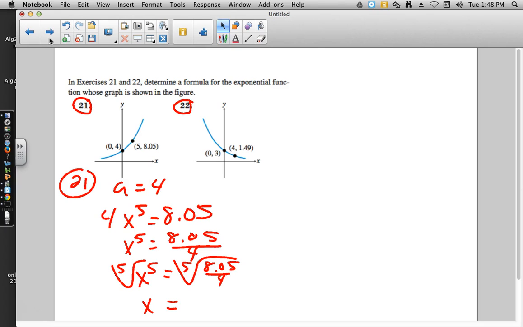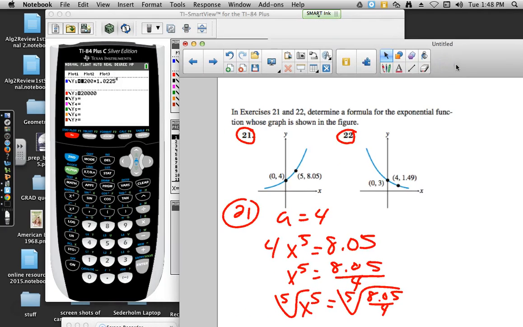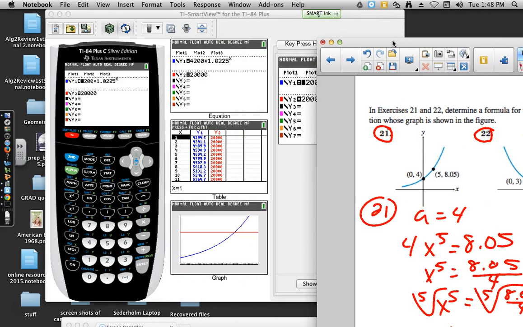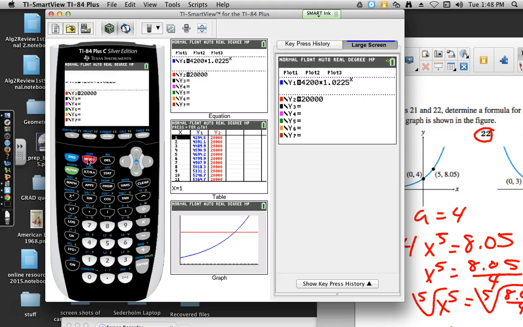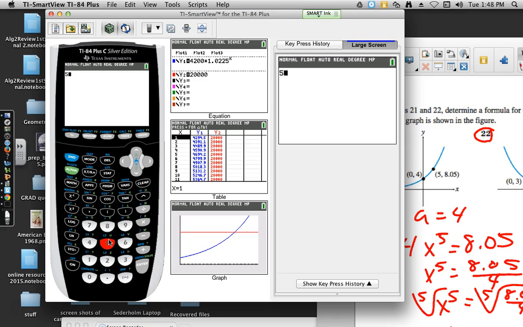Now since I didn't know if that was the problem, that maybe you forgot how to punch in something like 5th root, I thought I'd go ahead and load up the calculator here and tell you. You go back to the main screen and you punch in a 5. That's to tell the calculator 5th root. Then you hit math and we pick our generic root button, which is down here. It's number 5.